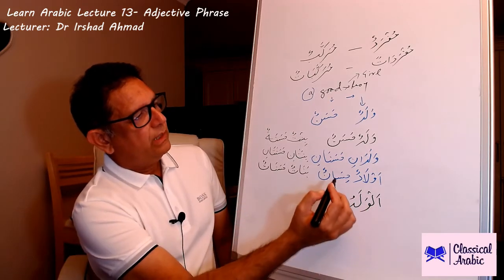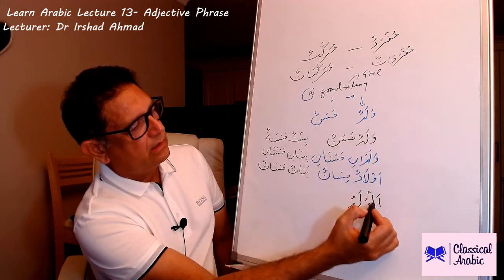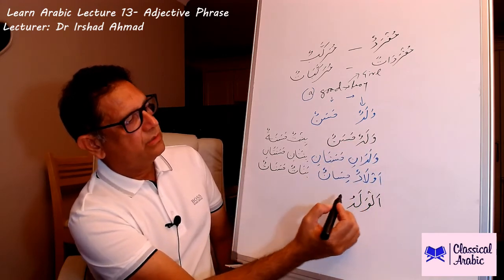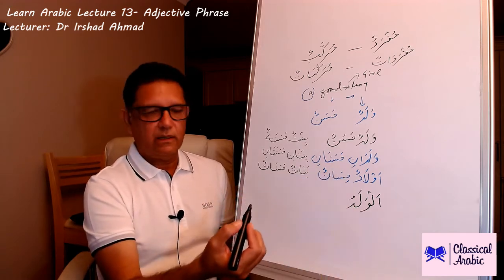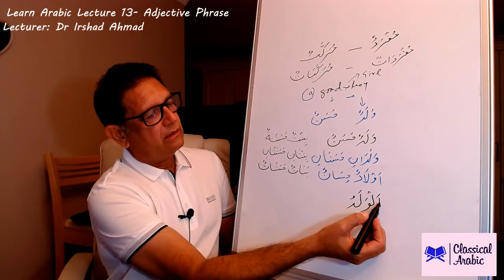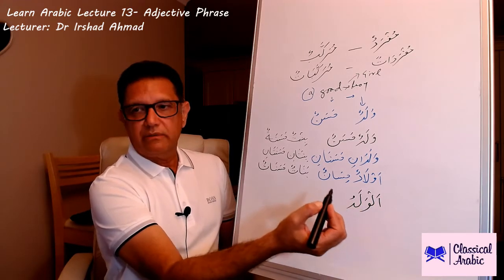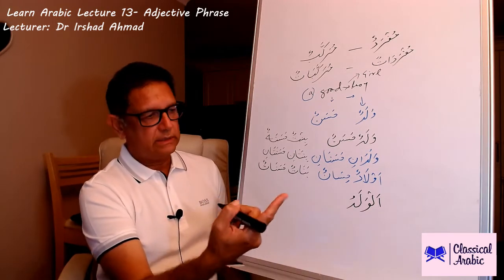So walad, that was waladun, and al has come, al waladu. When al comes, tanween goes. So al of ta'rif, of definiteness, when it is added as a prefix to a noun, tanween goes. So they do not coexist.